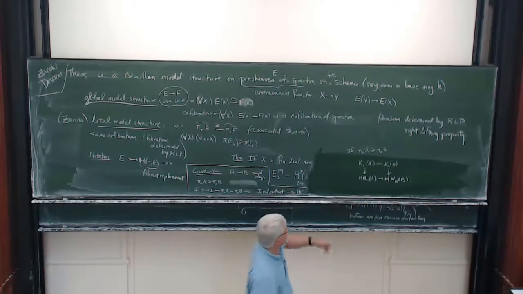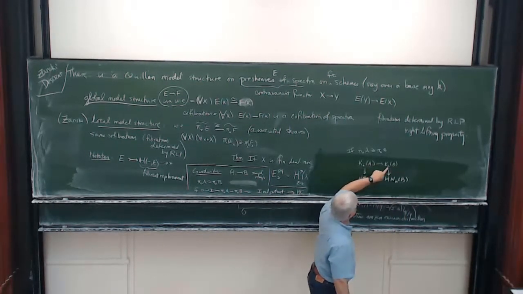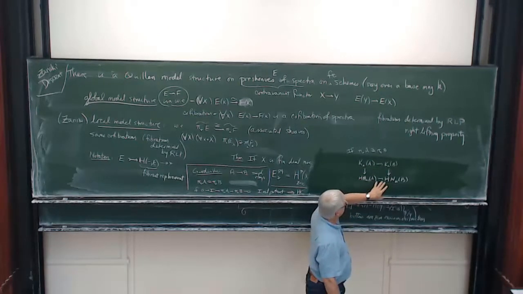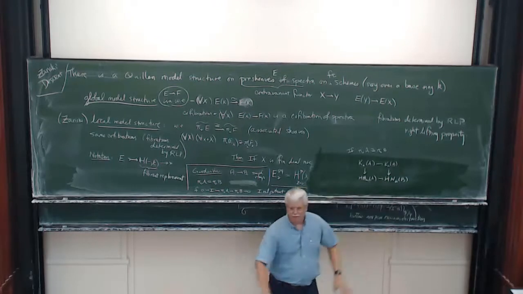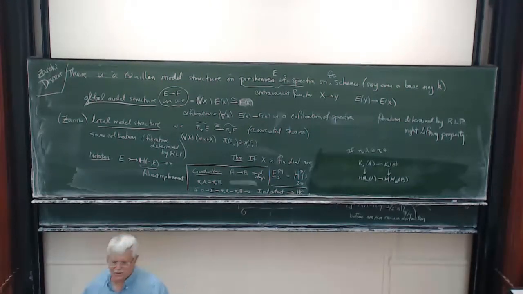And so therefore the obstruction to these being the same is the same as the obstruction in what is essentially cyclic homology. Thank you for that correction, because that was just really stupid of me.